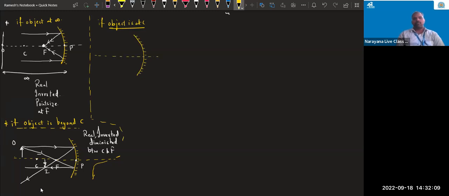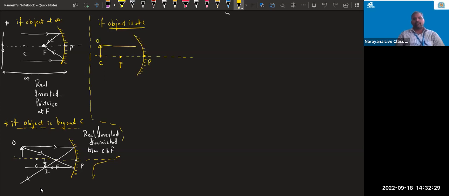Usually this is the imaginary line. What is the name of the point? Pole, point of focus, and center of curvature. Where have I placed the object? At the center of curvature like this.